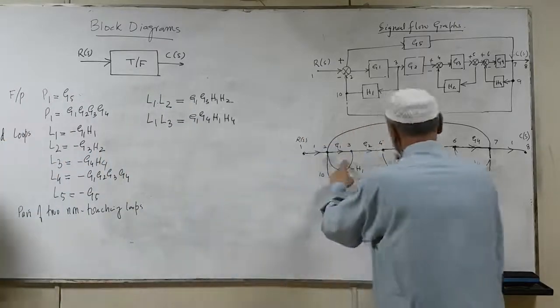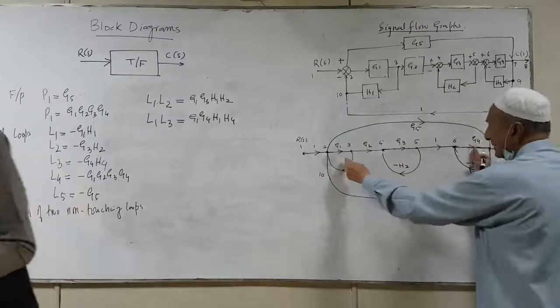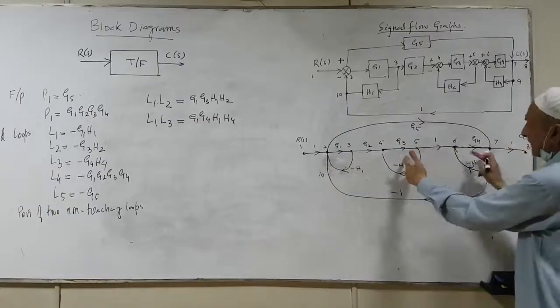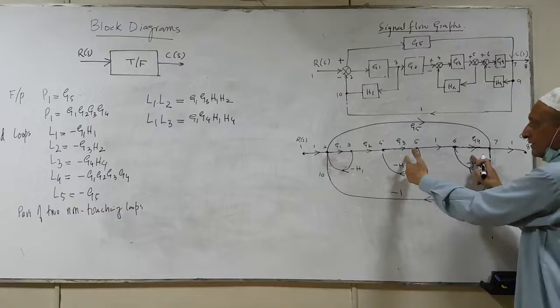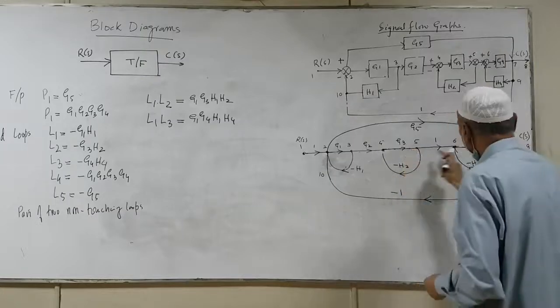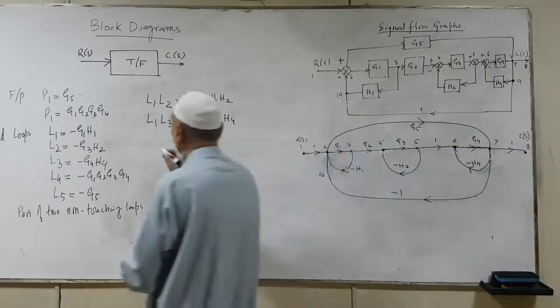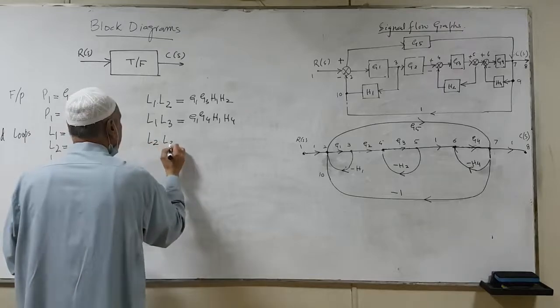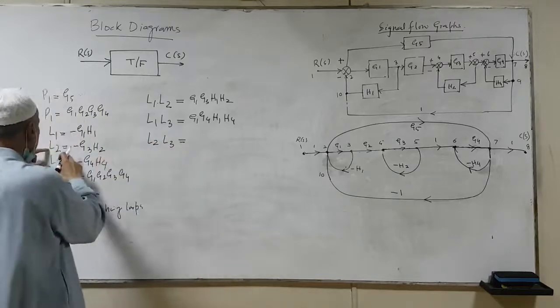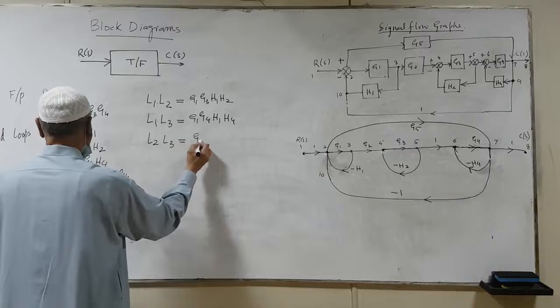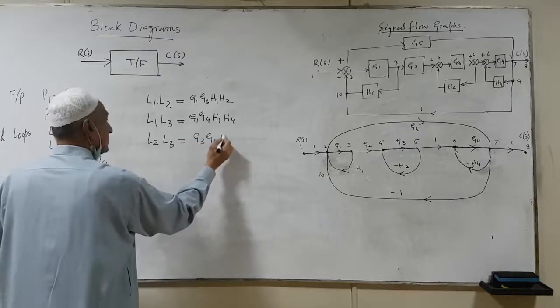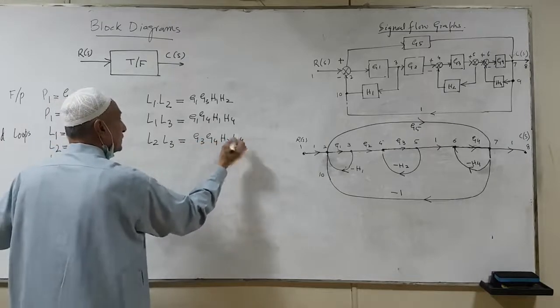Then we have one set, we have two sets, and then we have a third set of L2 and L3. There is no node common. L2, L3 combined transmittance is G3, G4, H2, H4.